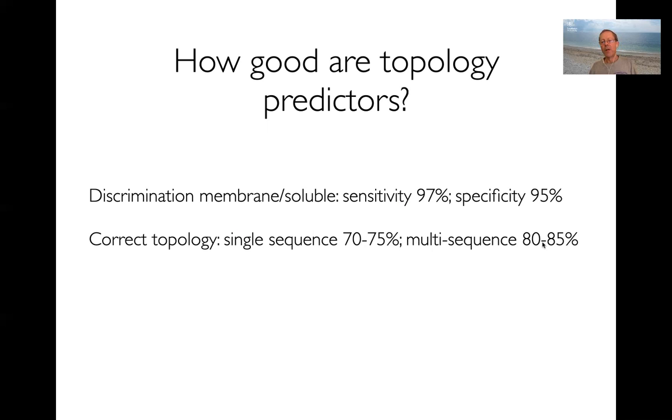Some of them actually do a multiple sequence alignment before they do the actual topology prediction, and then use the multiple sequence alignment in some form as input to the predictor, and that boosts performance by maybe 10% or so. So if you can base your prediction not on a single sequence but on an MSA, then you can get better topology models. So these are good enough to be quite useful to many people, actually.